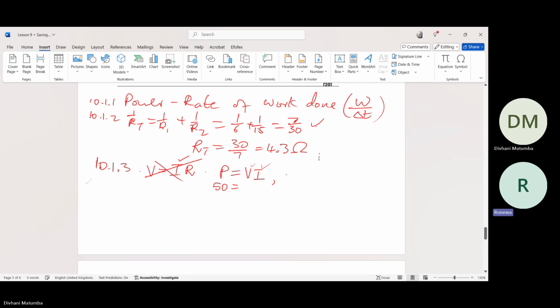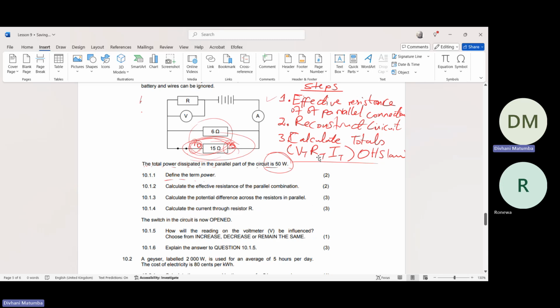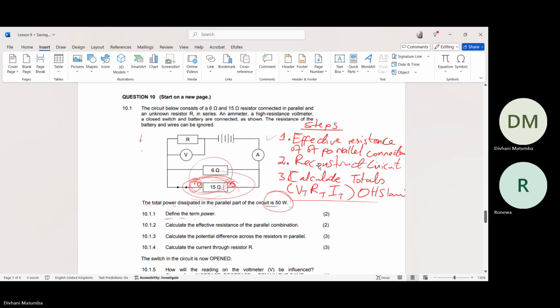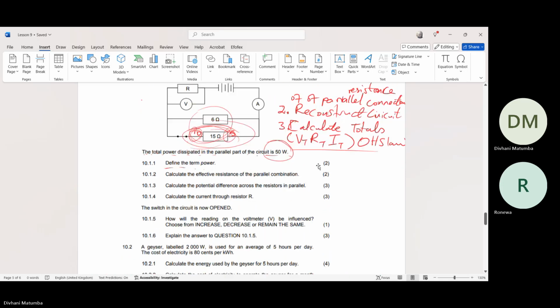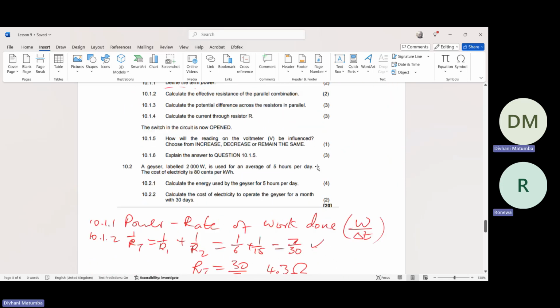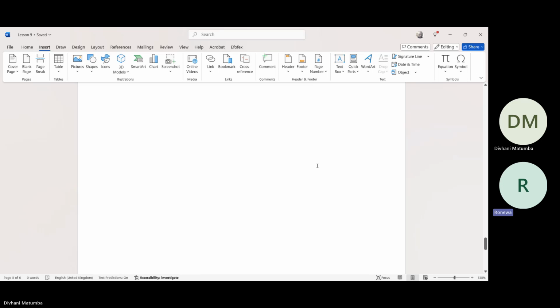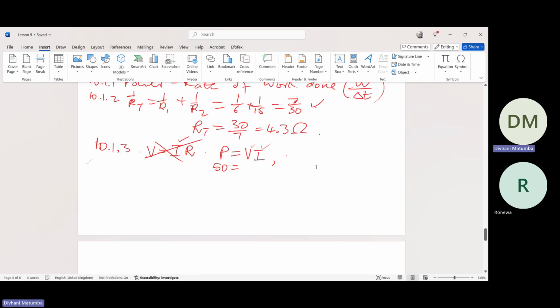The current below, you don't have it. But do you have the value of R, if I may? I would assume so, sir, because they gave us the different values for the resistance.